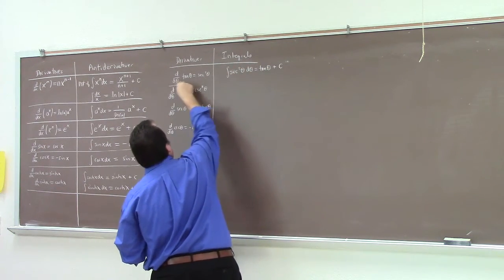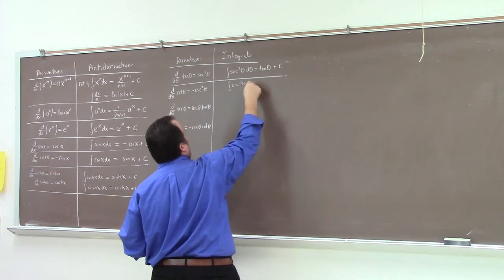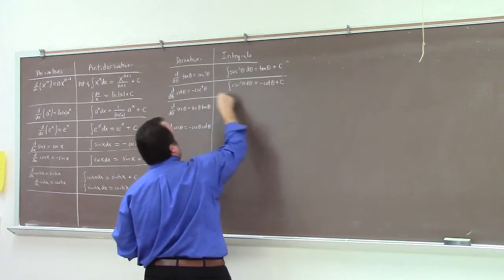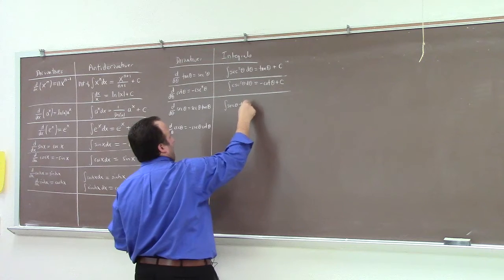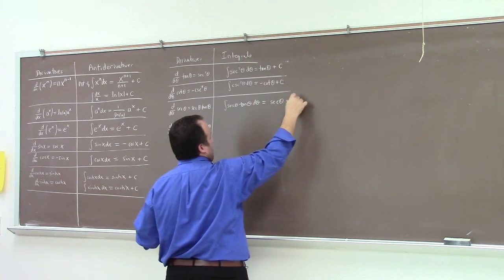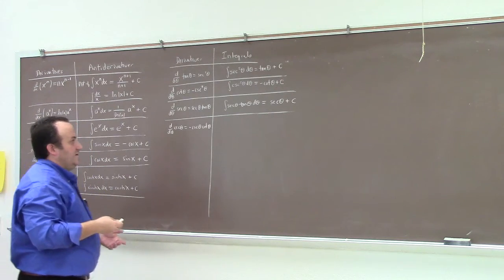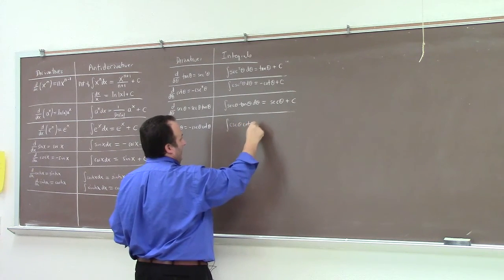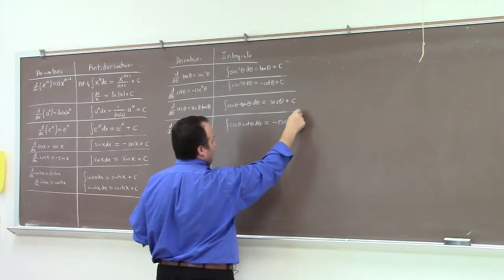When you see the integral of cosecant squared, it's minus cotangent plus a constant. When you see the integral of secant theta tangent theta d theta, you get secant theta plus a constant. When you see the integral of cosecant cotangent, you get minus cosecant theta plus a constant, right?